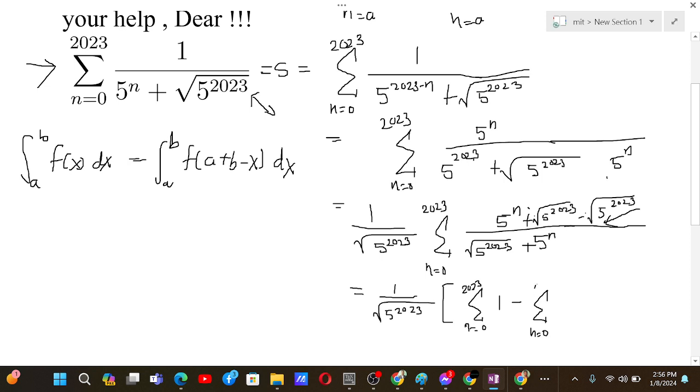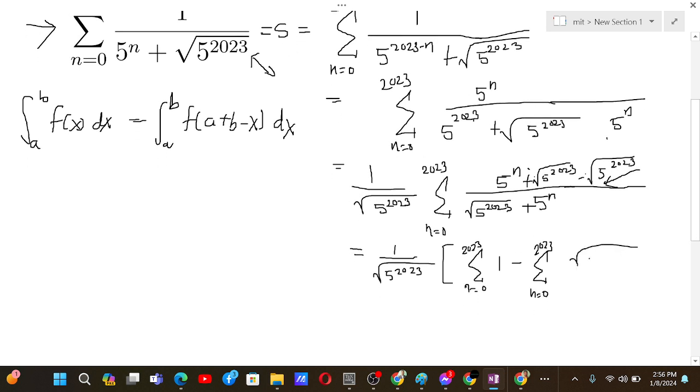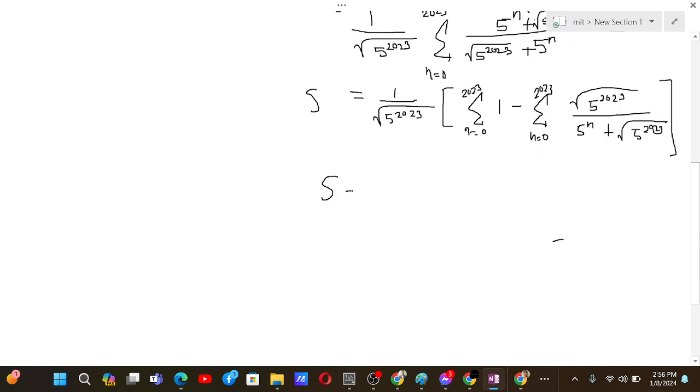The sum from n equals 0 to 2023 of, not the original sum. It's the original sum multiplied by square root of 5 to the power 2023, plus square root of 5 to the power 2023. So this sum is now equal to 1 by square root of 5 to the power 2023 times, now this is 1, and 1 is added 2024 times from 0 to 2023.